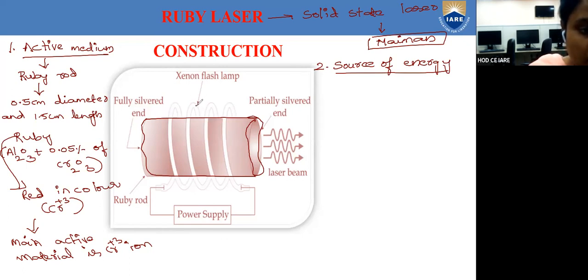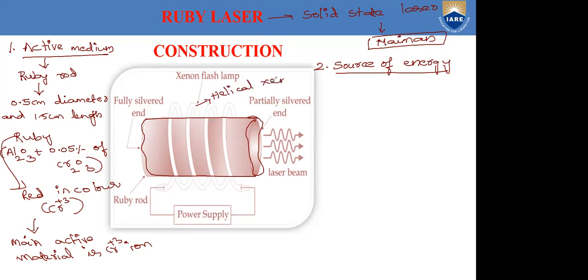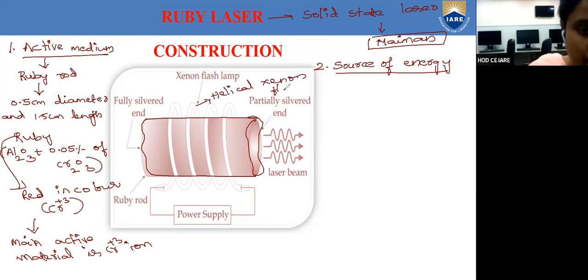This is called a helical xenon flash tube. What is the shape of the tube? It is helical in shape, and it is surrounding our ruby rod. And this tube is filled with xenon gas, and this flash tube is connected to a power source.